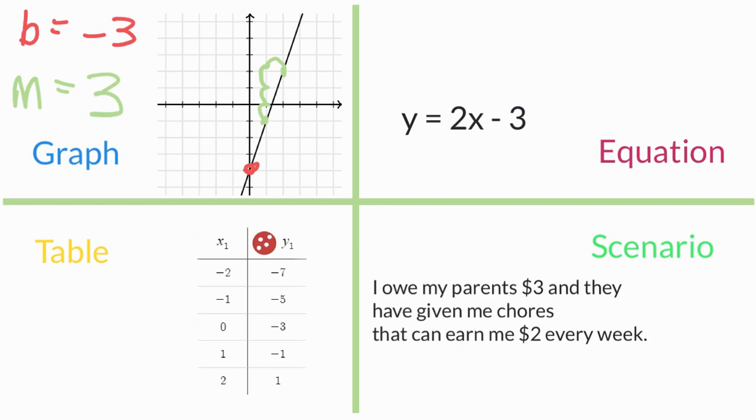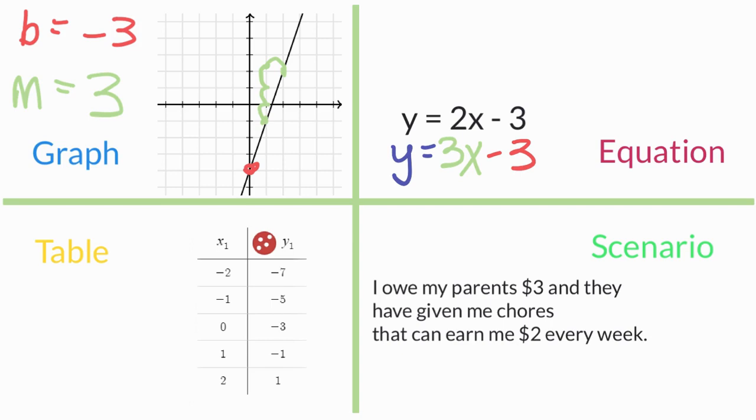So let's see if all of these match up. Well, if I look at my equation, I automatically see that it doesn't, because if my b is -3, that matches. But my m was 3, positive 3, which would leave it as 3x. Well, I don't want y to equal 3x minus 3. I wanted y to equal 2x minus 3.